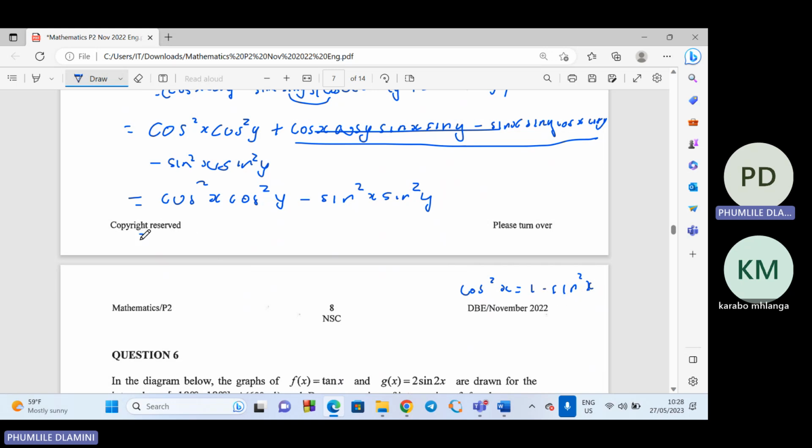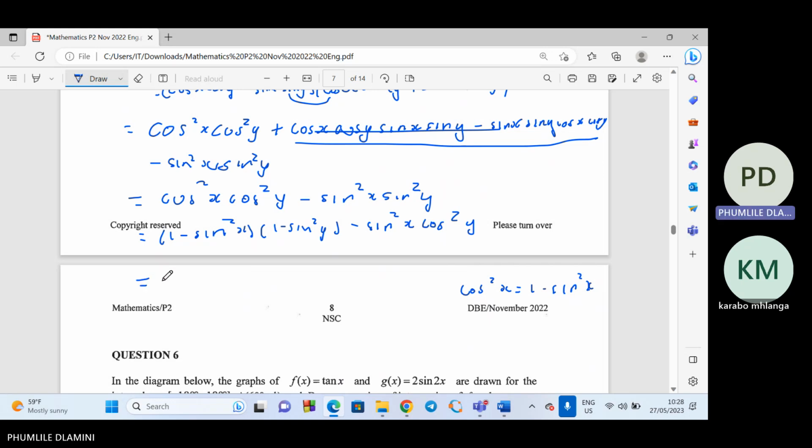Then our cos squared x is going to be 1 minus sin squared x. You put brackets, cos squared y is going to be 1 minus sin squared y. Then minus sin squared x cos squared y.